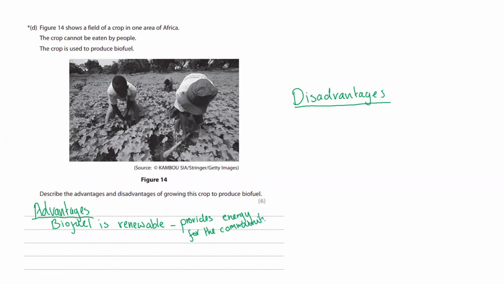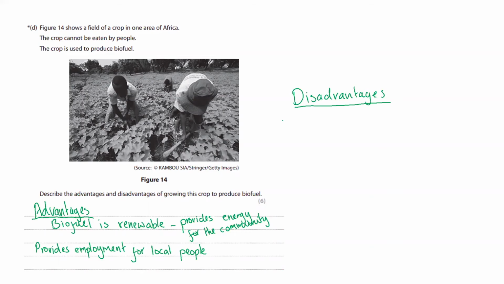Another one would be it provides employment for the people, because people are probably paid to work on that crop. Employment for local people, so jobs. Okay, so we might have another advantage in a minute. We'll just think of disadvantages.